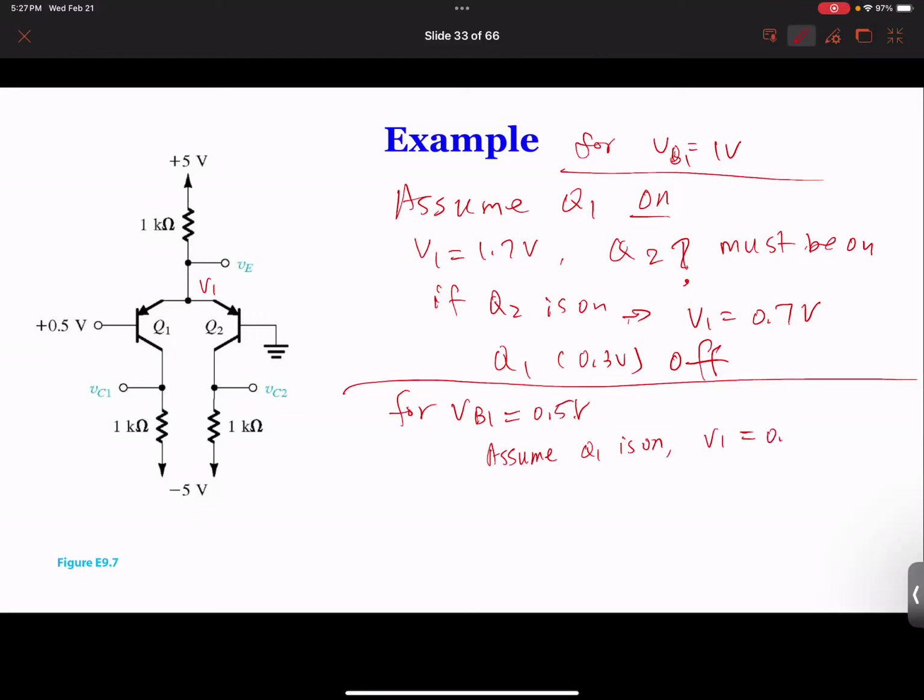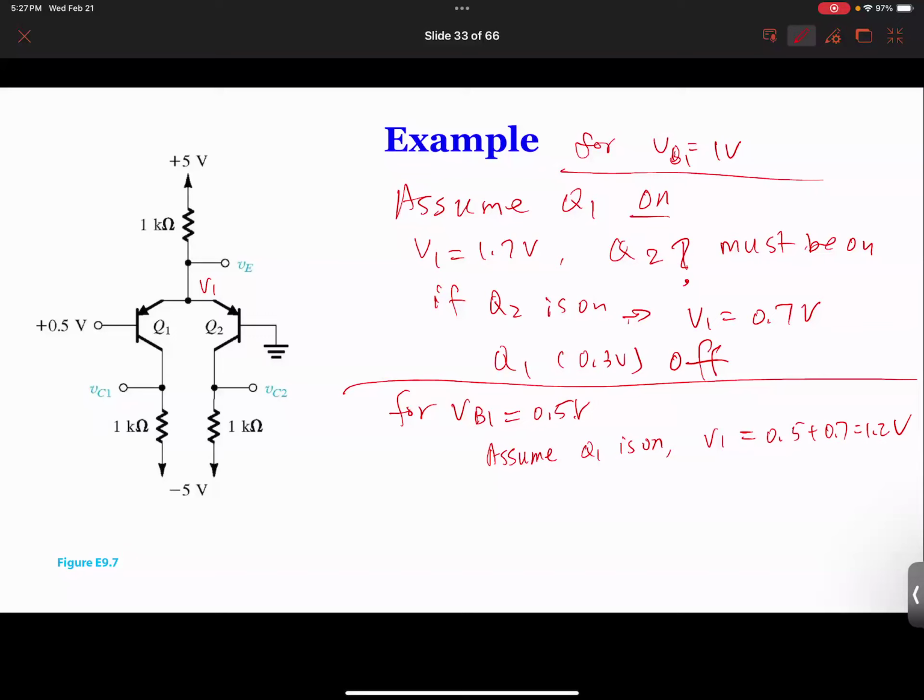V1 will be 0.5 plus 0.7. It gives 1.2 volts. So this way you know that Q2 has a problem. Because Q2 from base to emitter cannot have 1.2 volts.